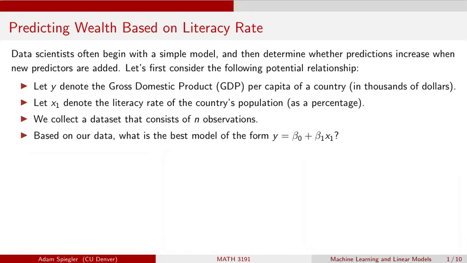And so based on this data that we collect, we would like to come up with the best linear model of this form: y is equal to beta 0 plus beta 1 times x1, which is the literacy rate of a country. So in goes the literacy rate, out comes a prediction for the gross domestic product per capita of that country.